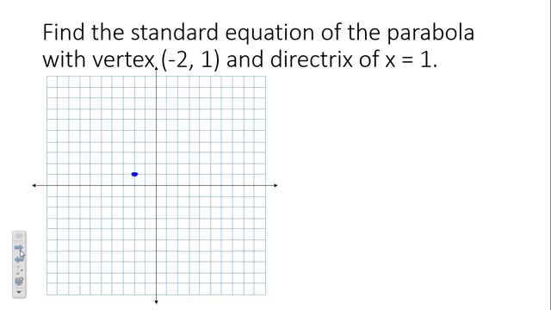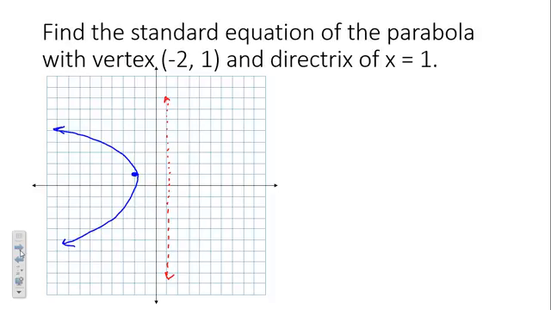So I'll plot my vertex, and here's my x equals 1 line. And a parabola always opens away from the directrix. And so if this is my vertex, my focus has got to be on the left-hand side. So a quick, crude sketch, we know it's going this way.